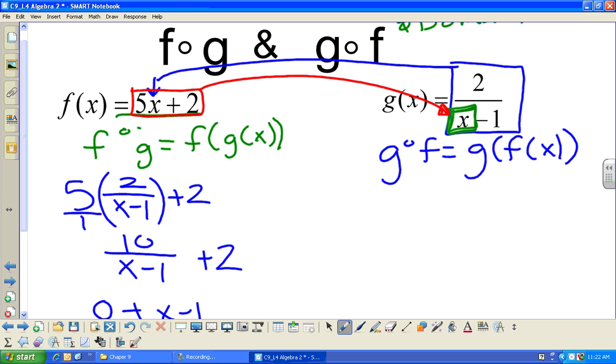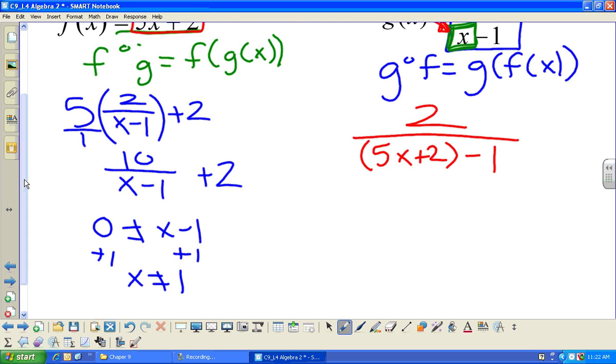So I'm going to start off by writing the function of g. I have 2. Now instead of writing x here, I write 5x plus 2. And I can simplify my plus 2 minus 1. So I'll have 2 over 5x plus 1.